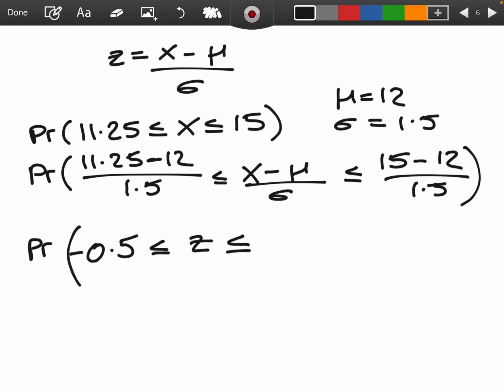X minus the mean divided by the standard deviation is z. And then on the other side, I have 3 divided by 1.5, giving me 2.